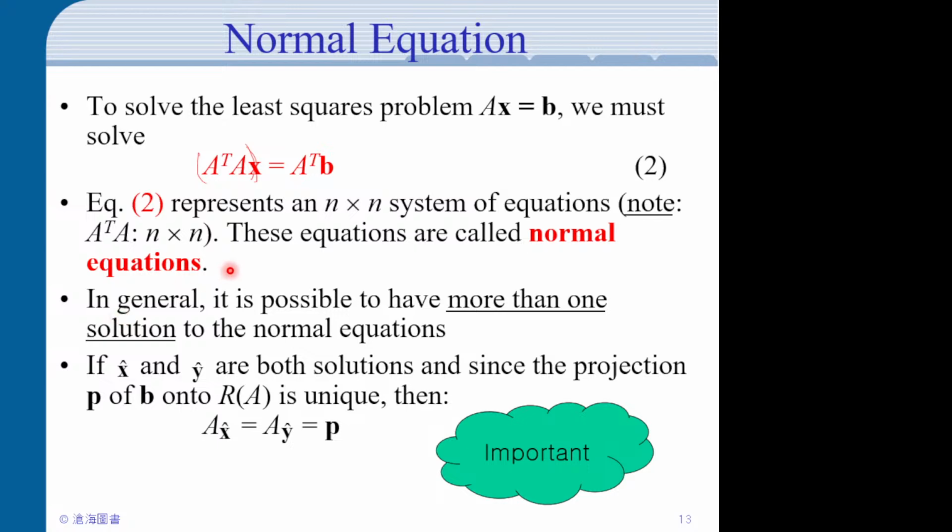Okay, and it's possible, although not very likely, to have more than one solution. If A^T A is singular, then you have more than one solution, as usual, right? Although it should be rare.